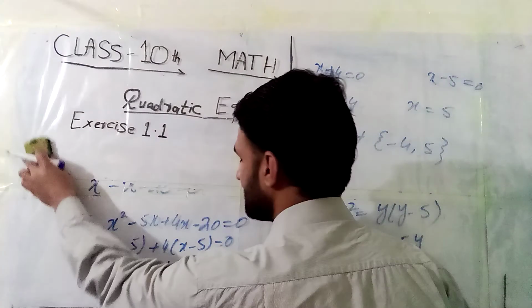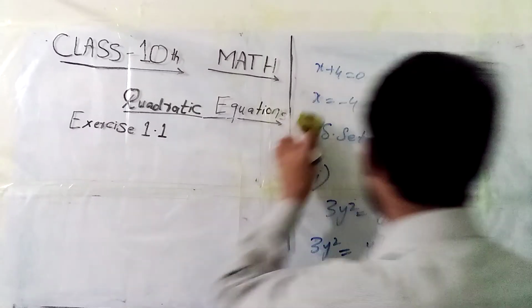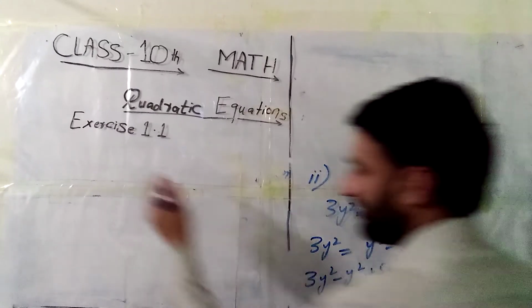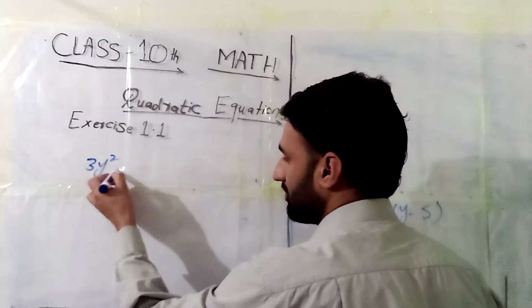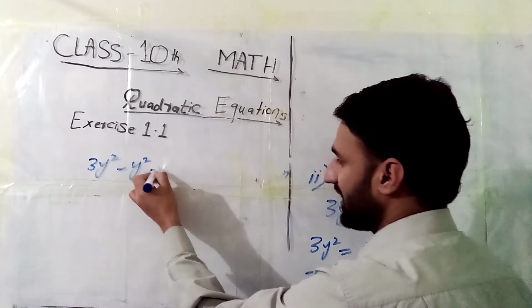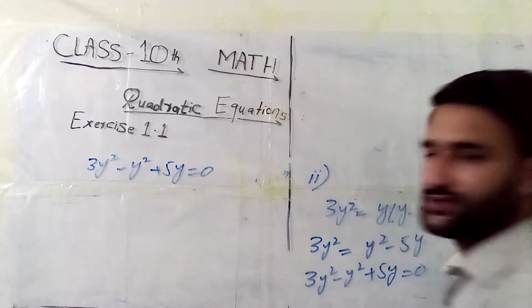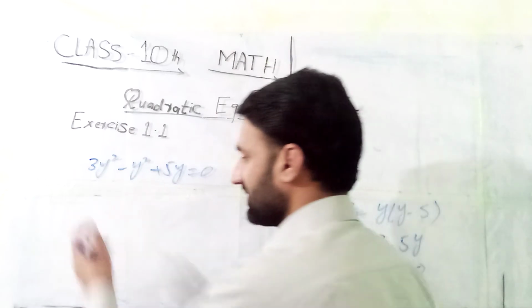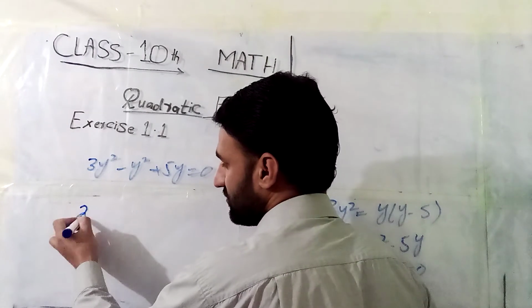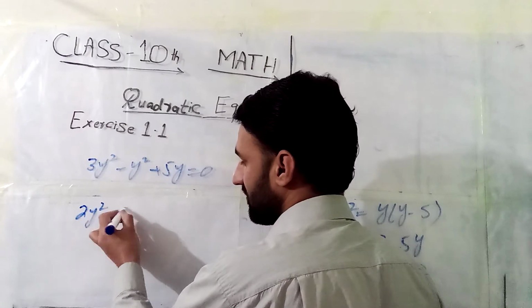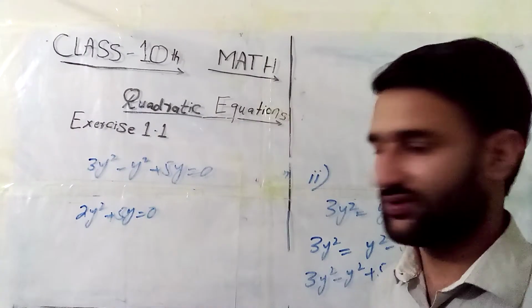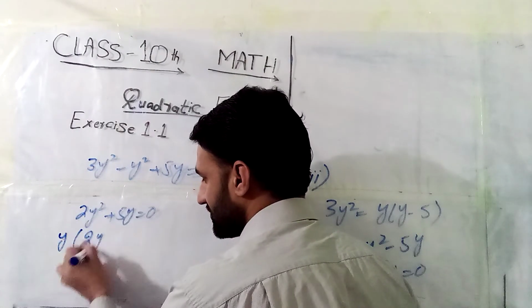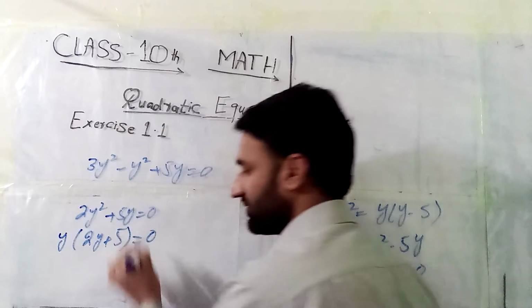Here 3y squared minus y squared gives 2y squared, plus 5y is equal to 0. Here y is common, so inside we get 2y plus 5 is equal to 0.